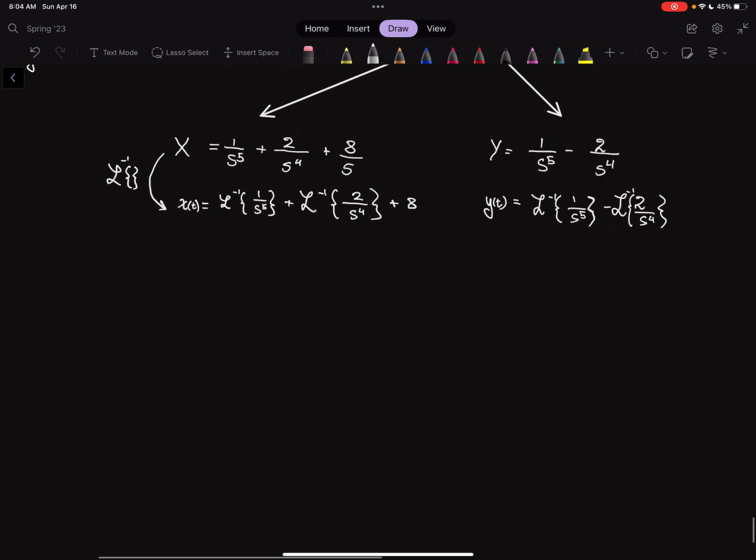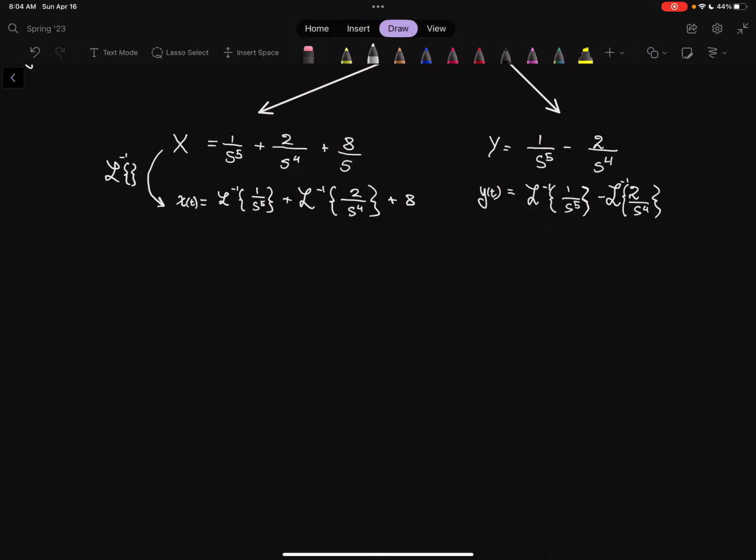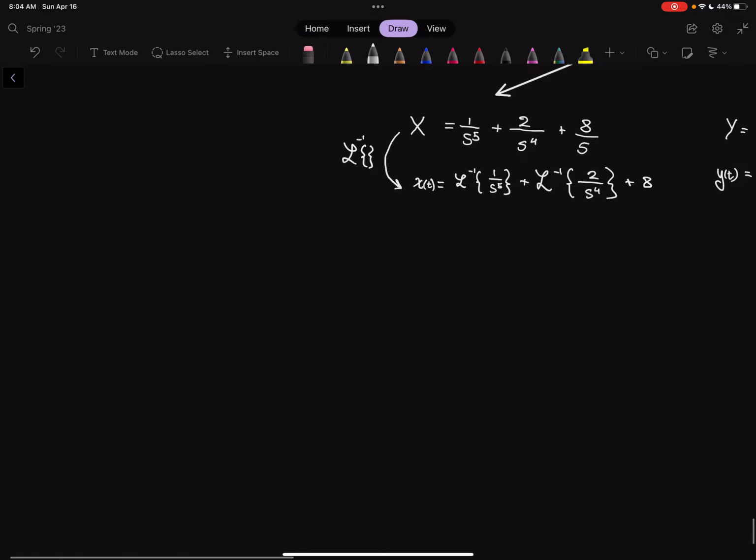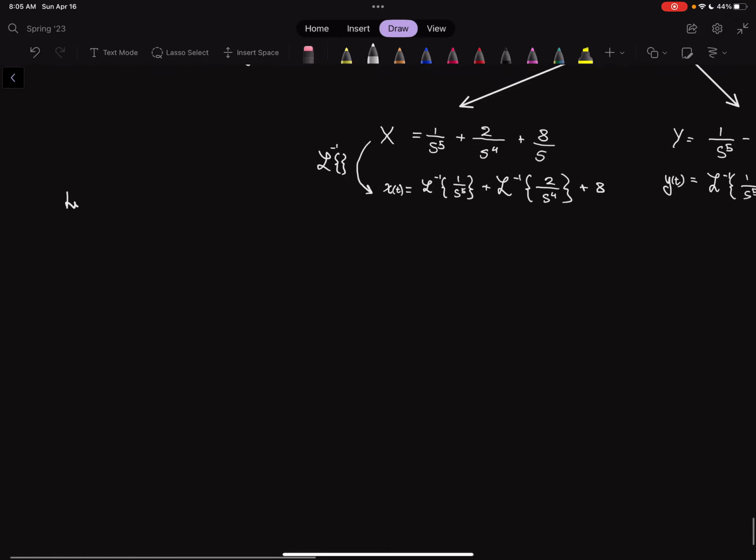So let's see how we can do this. I am looking at the table, and I'm noticing that there's a part of the Laplace table that has f of t and big F of s.